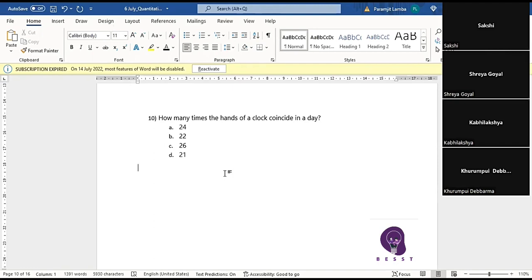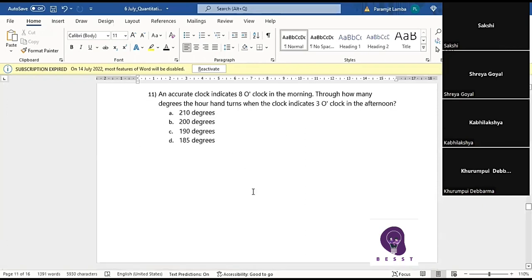Correct. 22 is the right answer, because in every 12 hours, from 12 o'clock to 12 o'clock, the hands coincide 11 times. The 12th time will not be counted because that goes into the second round. So in 24 hours, which is two full circles of the clock, the hands will coincide 11 plus 11, 22 times.